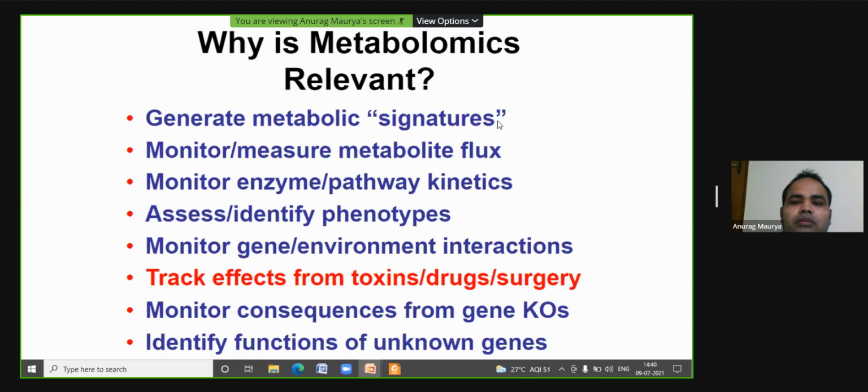Whenever you take a body fluid or any extract from any organism, we cannot directly apply it into a machine like NMR or mass spectrometry. So between them there is a procedure called sample preparation, and many times it includes derivatization also. But nowadays these modern machines have reduced the cumbersome process of sample preparation, and it can be quantitative also, meaning you can measure the quantity, with analysis and result in less than 60 seconds.